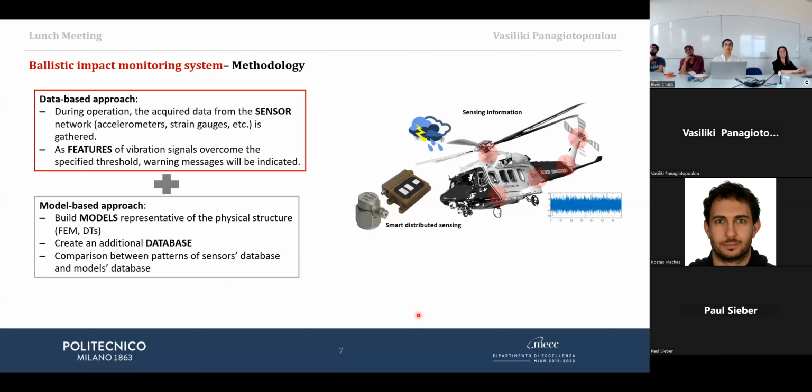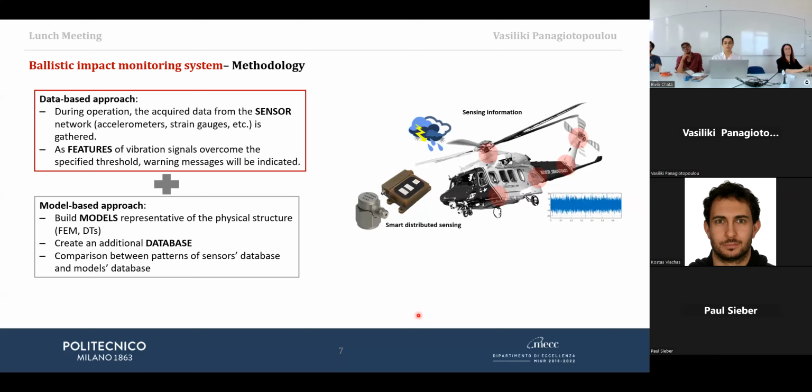So we need some representative models in order to correlate the sensor readings with the type of damage we are having, so we understand what we are actually reading right now.